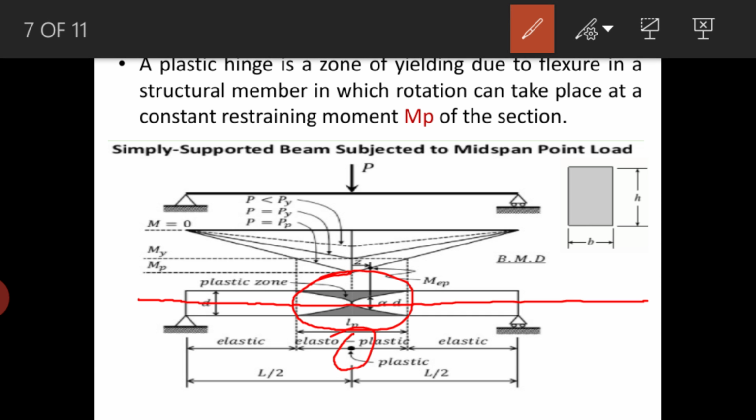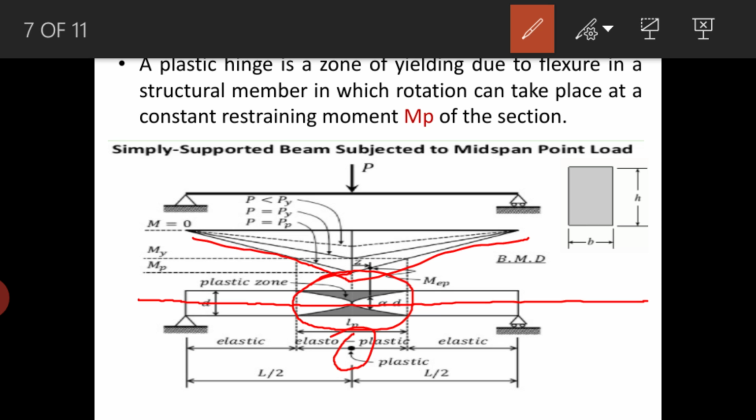I can show here, this was the third, final deformation, when that load has crossed the yield and reached the plastic load, and at that load it completely forms a plastic hinge, a member in which the rotation can take place at a constant restraining moment and develops a plastic moment. So this is about the plastic hinge formation.